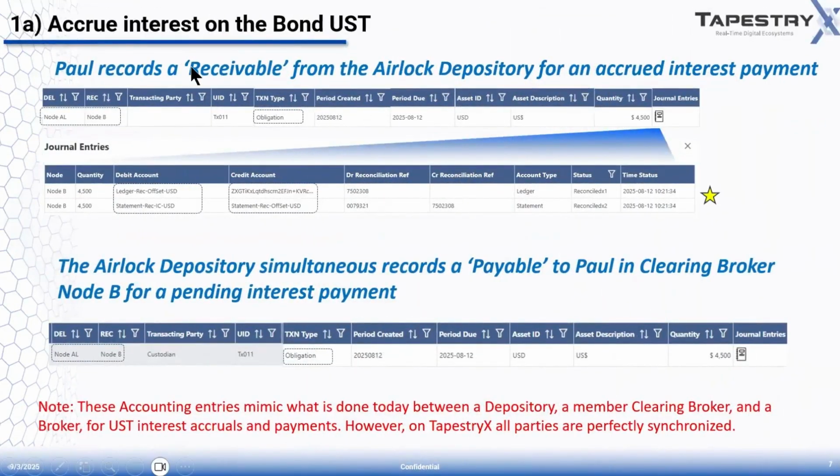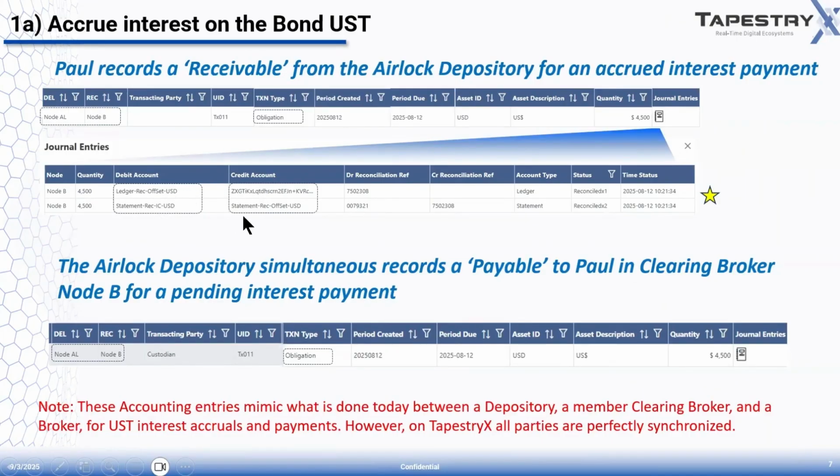we then show that Paul records a receivable in the contra transaction from the airlock depository and accrued in his account. So you see the transactions from the airlock to node B, and it's a $4,500 interest payment of US dollars. Now when we click on the entry, the icon for the journal entries, you'll see the actual credit account, which is the asset lot ID versus a ledger.